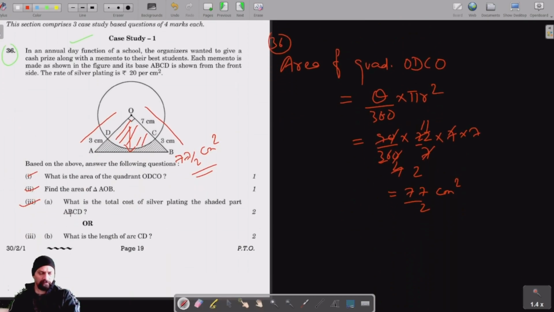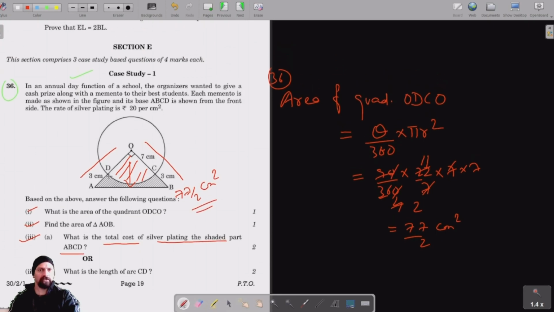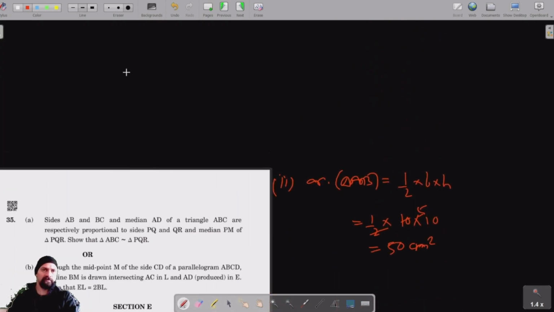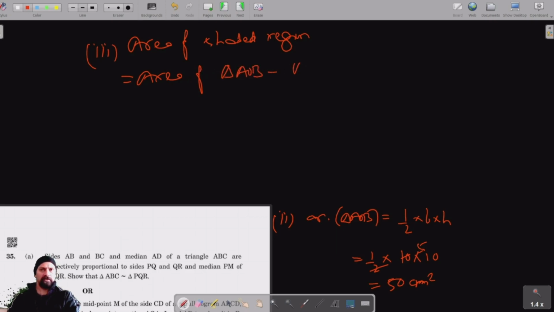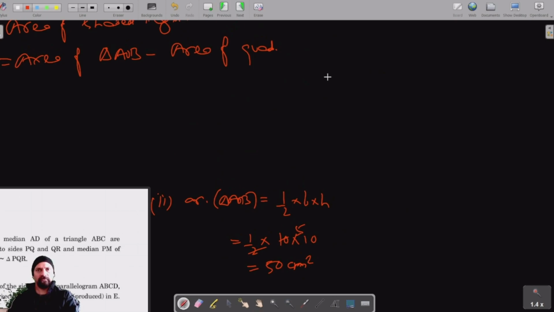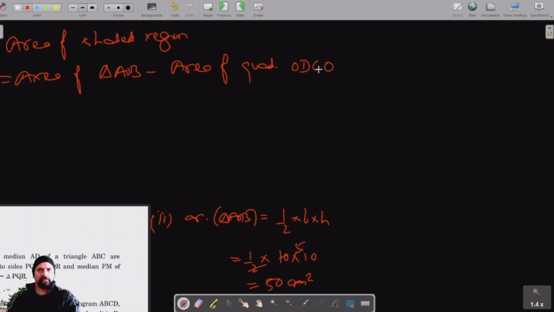Okay, moving on to question number three, part A. What is the total cost of silver plating? The shaded ABCD is this region. For that, we have to find the area of the shaded region, which is equal to area of triangle AOB minus area of quadrant ODCO.